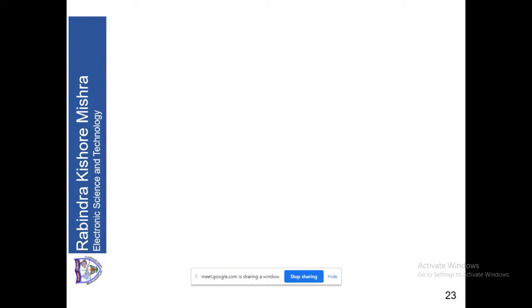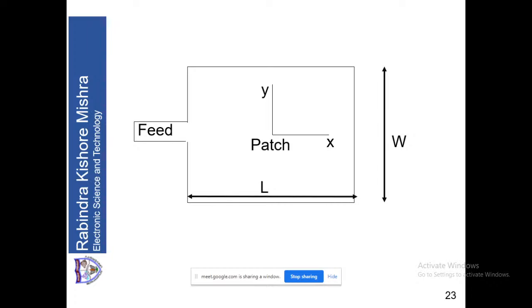Before going to that, let me again show you the top patch. In the top patch, what I have told in the previous figure is that the patch is of width W, and that width extends along the Y direction. The patch is of length L, and that length extends in the X direction, and at X equal to minus L by 2, we have the feed line, which is a microstrip line.